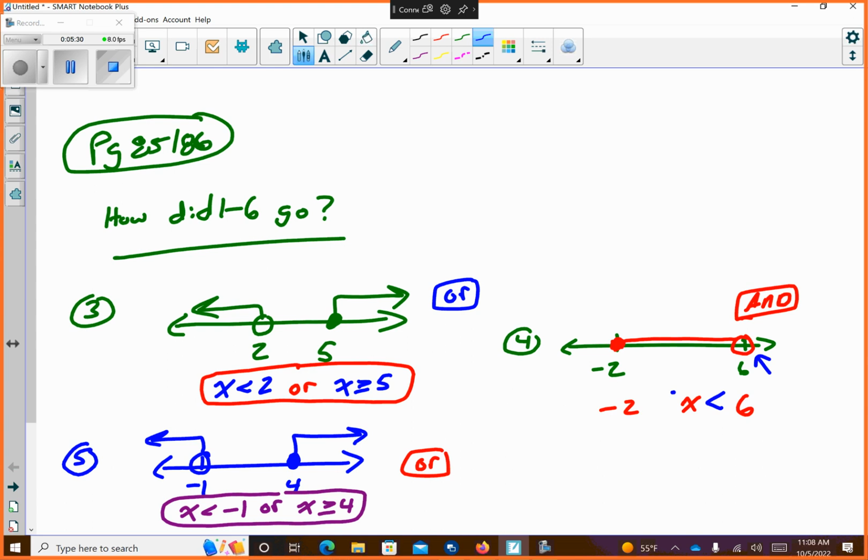If this sign's to the left, this sign's to the left, we're done. The and inequality gets put together. The or has the word or in it. It says, write a compound inequality represented by each graph. So I don't have to worry about interval notation. I'm just writing the inequality.